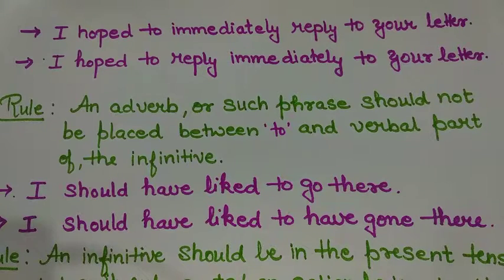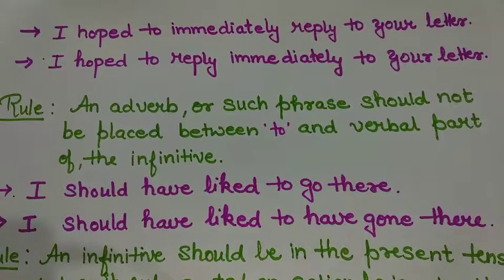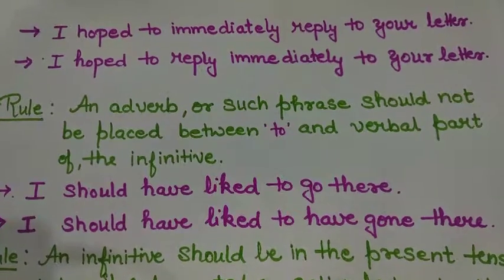Here I have again written two sentences, out of which one is correct and one is wrong. I hoped to immediately reply to your letter. And in the next sentence, I hoped to reply immediately to your letter.